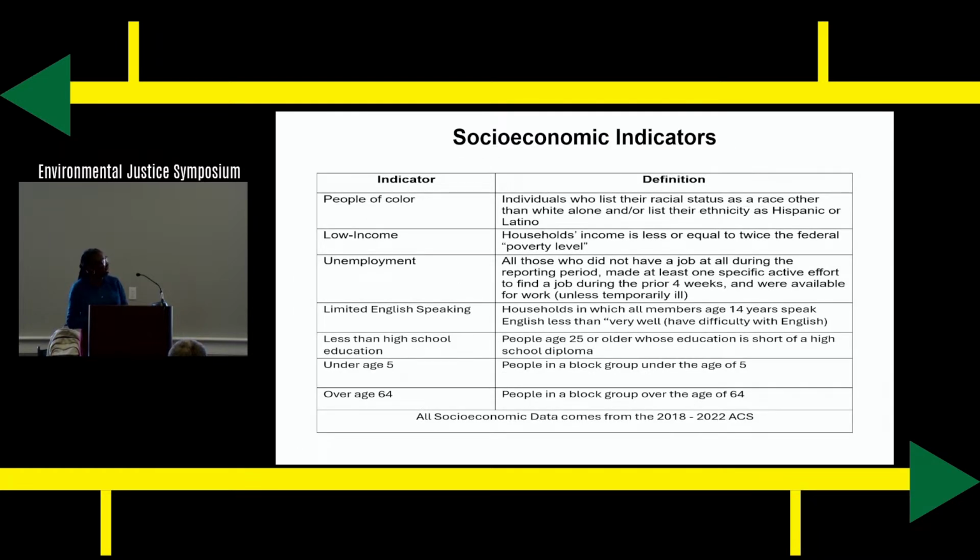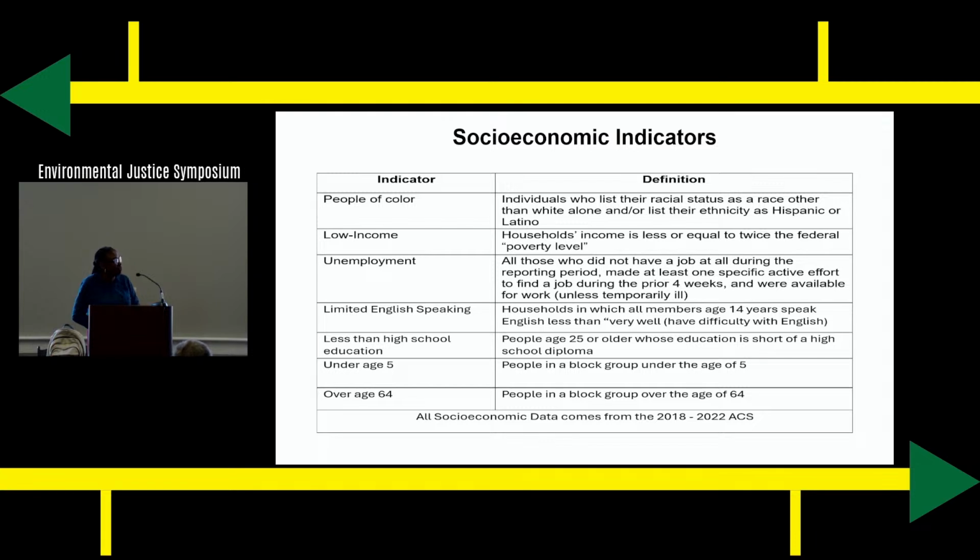Next, we have the socioeconomic indicator. Under the socioeconomic indicator, we have people of color, those individuals who list their race status as other than white alone or ethnicity as Hispanic or Latino. We have the low-income population. That's household income that is less than or equal to twice the federal poverty level. We also have unemployment, all those who do not have a job during the time of the reporting period.